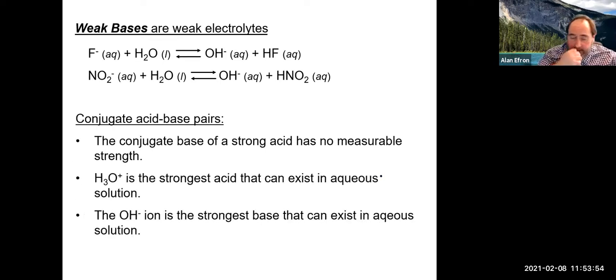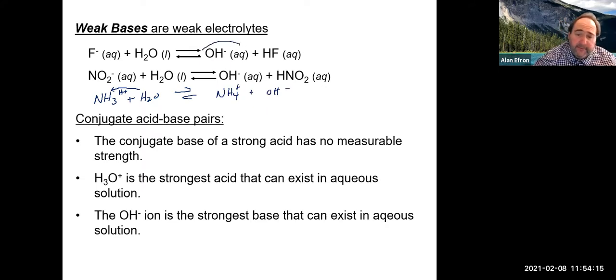F minus, NO2 minus, NH3 is also a weak base, right? Plus some water, acting as an acid, donating H plus. When NH3 accepts it, you get NH4 plus and a little OH minus. So all these guys produce OH minus on the product side.